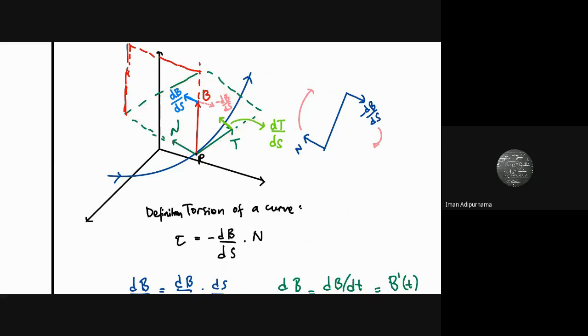It twists out of the osculating plane in the direction of P. And if the torsion is negative, the direction will be here. So the curve will twist in the opposite direction.